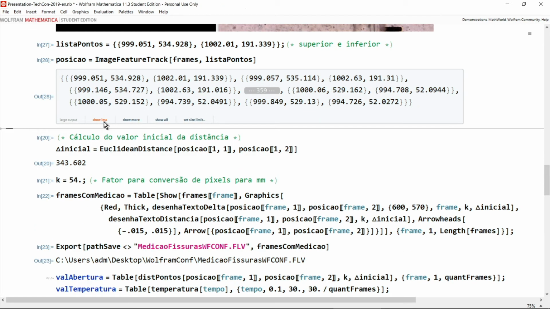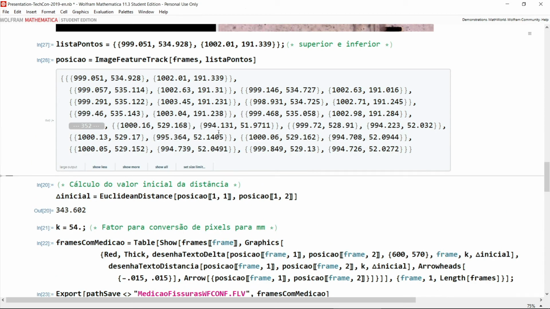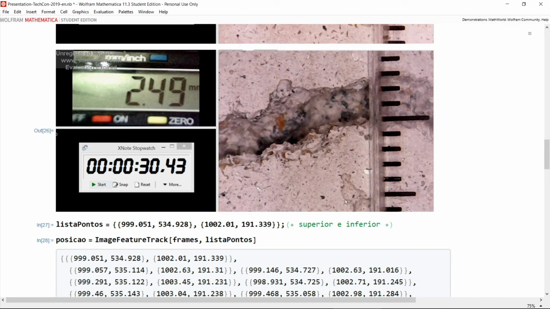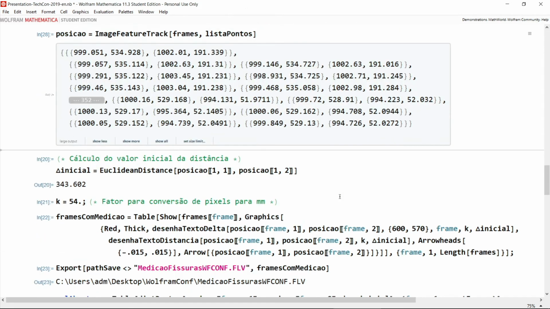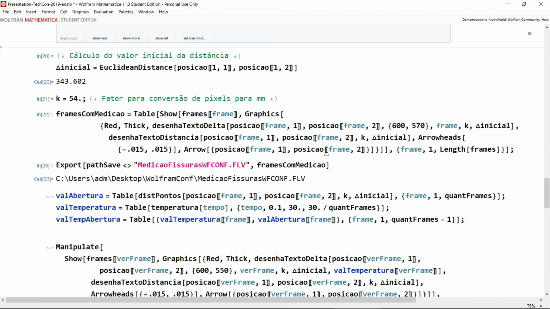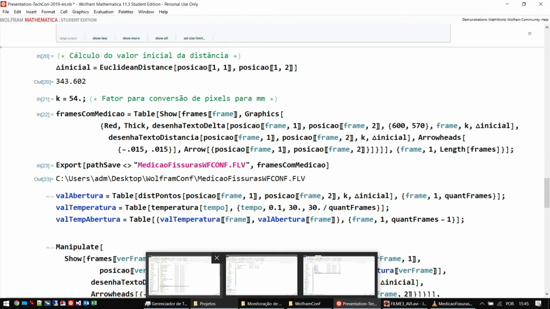So here we have the coordinates of the points. Let's show some more. And here are the coordinates of this point and this point for each frame. Then we are going to calculate the distance between these points, and we are going to overlay the numbers, the dimensions, and the information on each frame.